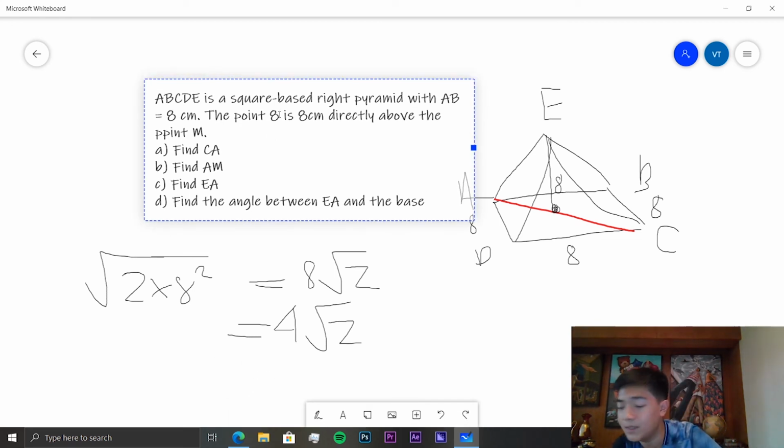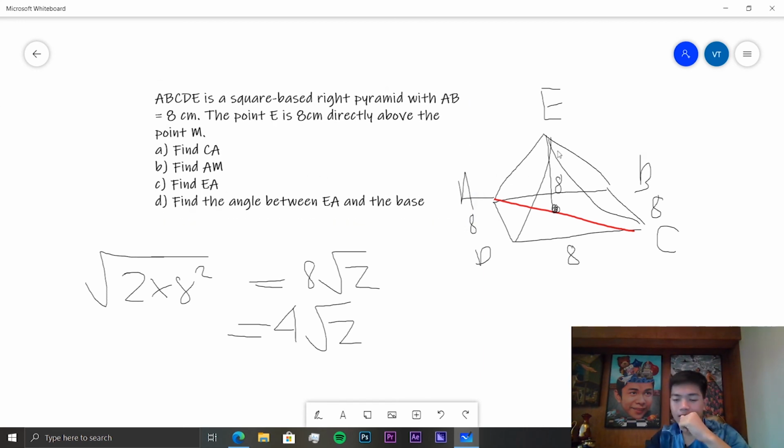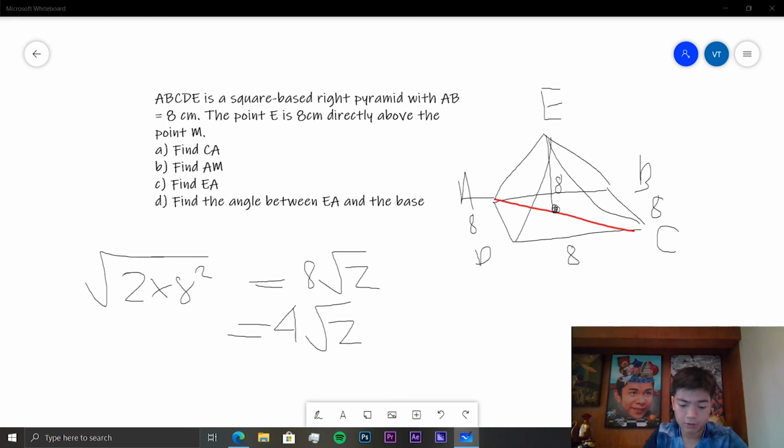The point E is directly above the point. It's kind of hard because they don't draw a diagram. Like, I could be getting these points wrong. If it's 8 centimeters directly above the square-based right pyramid, it's 8. Okay, 8 square root 2 must be correct. Yes, 8 square root 2 is correct. So is 4 square root 2 correct for the other one? Yes, it is. Okay, so it does look like this.